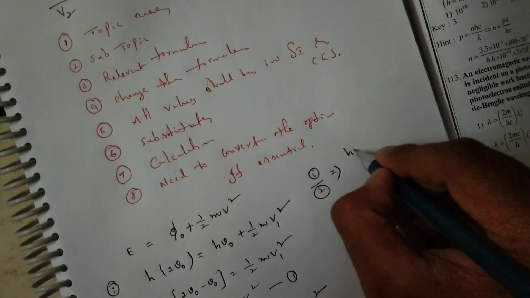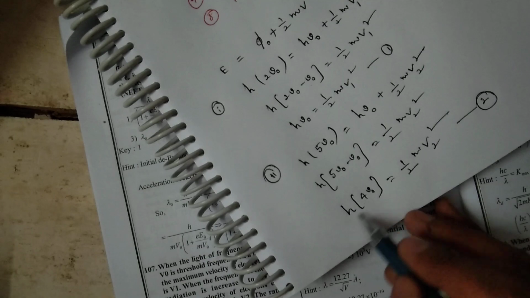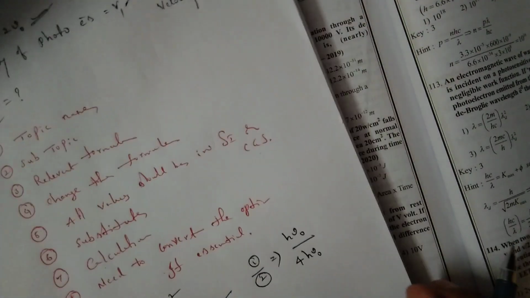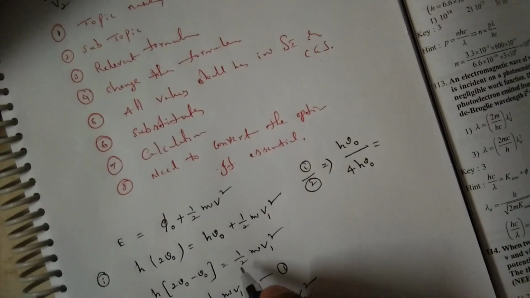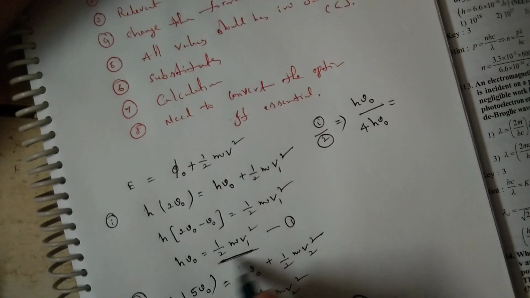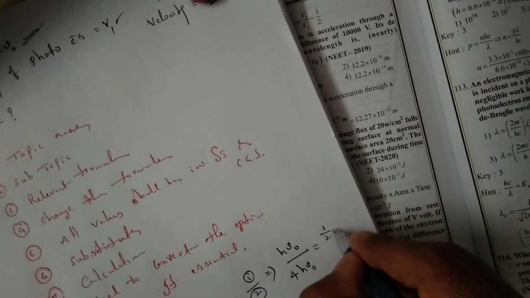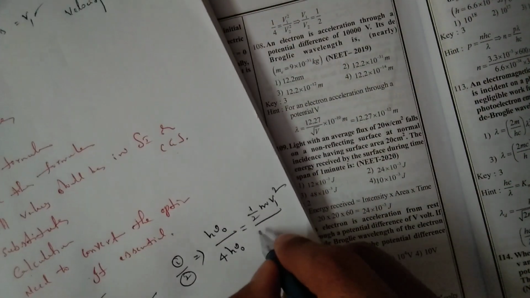Now I am taking 1 by 2. 1 is h nu naught, 2 is 4h nu naught, equal to half mv1 square by half mv2 square.